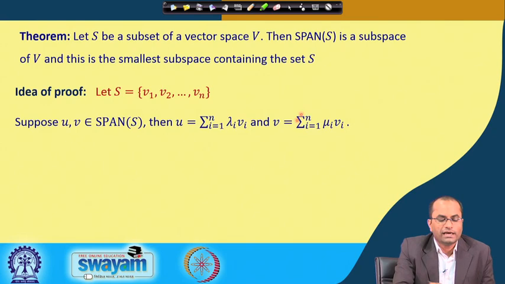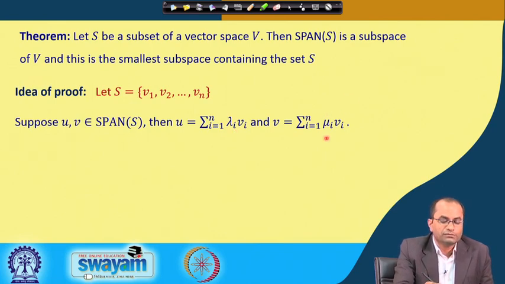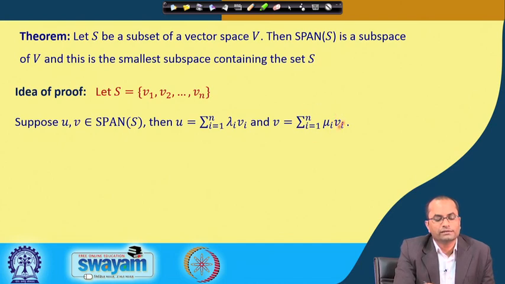Here also v is written as a linear combination of the vi's. Note that these lambdas and these mus will be different scalars, so v is a different linear combination.